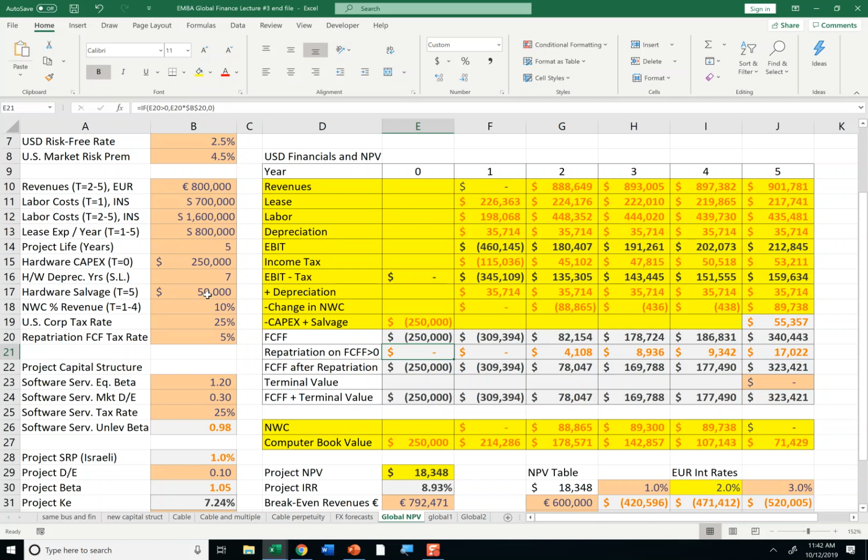The way I'm going to model it, and most people model it, is if you're doing business abroad, there are taxes abroad and taxes in the U.S. And when you bring the money back to the States, you might get taxed even more, the difference between the two tax rates in the two countries. Let me talk to that in a little bit. We'll just pretend that so far there's no Israeli tax consideration just yet.